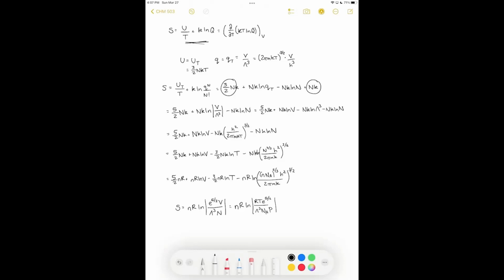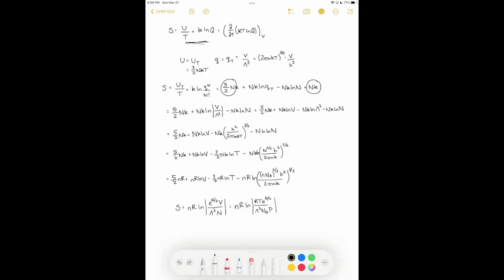In this equation, the e to the 5/2 comes from this term, putting that into the natural logarithm. So the e is the number e, 2.718, and it goes on from there, not the fundamental charge of the electron. This equation is based off of statistical mechanics, and it reproduces our classical understanding of entropy.